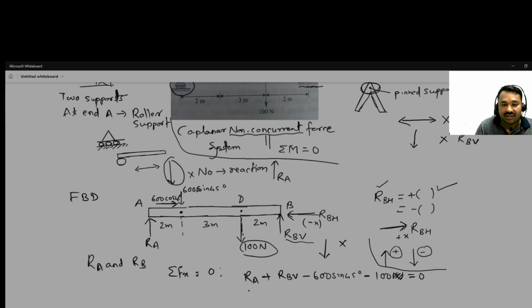So RA plus RBV is equal to 600 sine 45 degree plus 100. Okay.